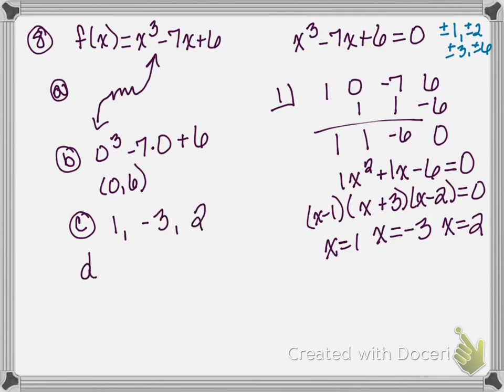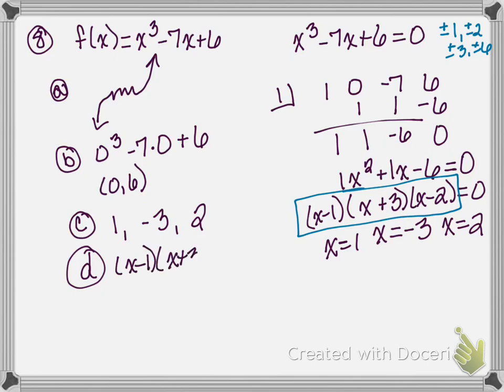Part D says write the function in completely factored form. Completely factored form is this right here. These are my linear factors: x minus 1, x plus 3, and x minus 2. It doesn't matter what order.